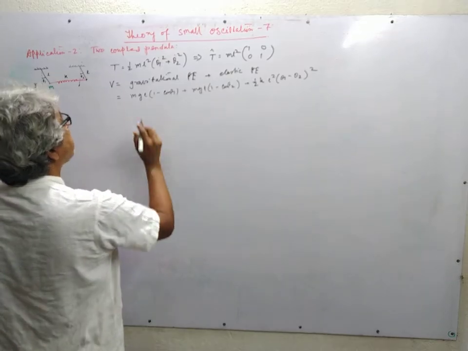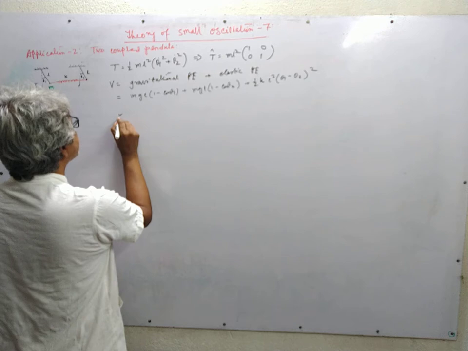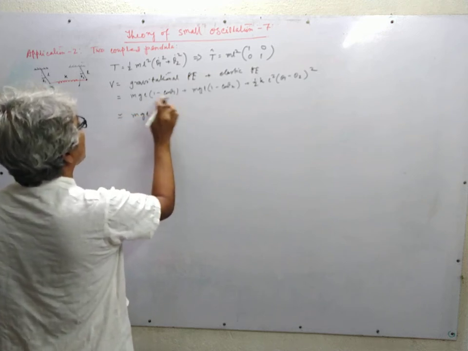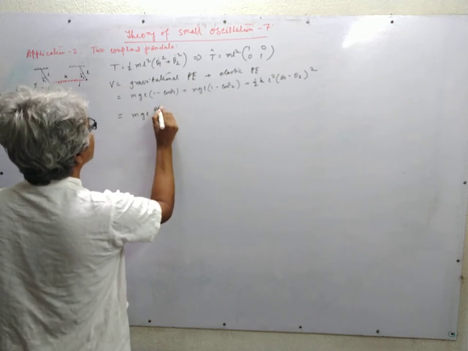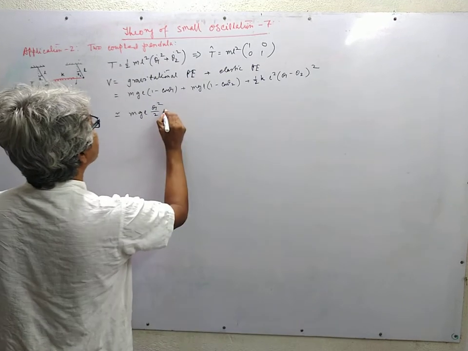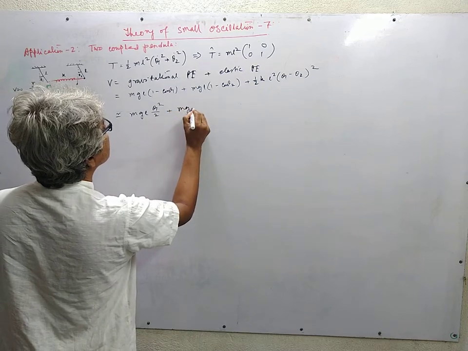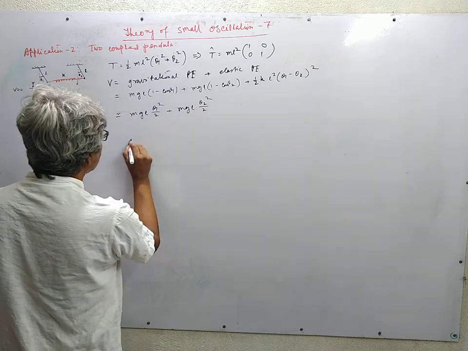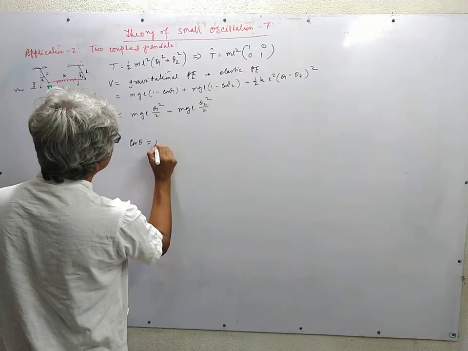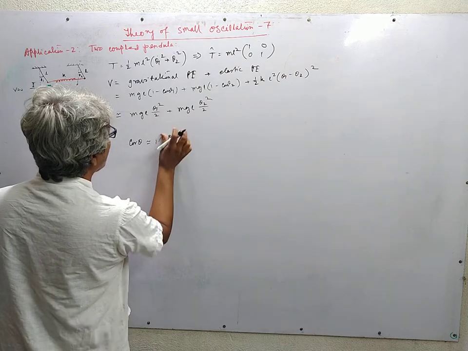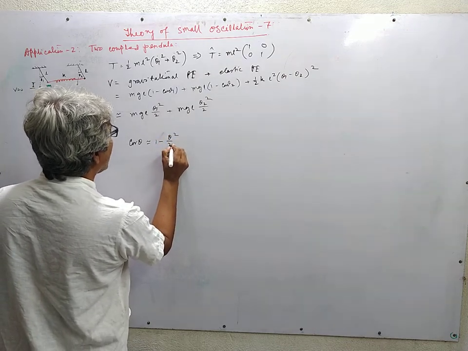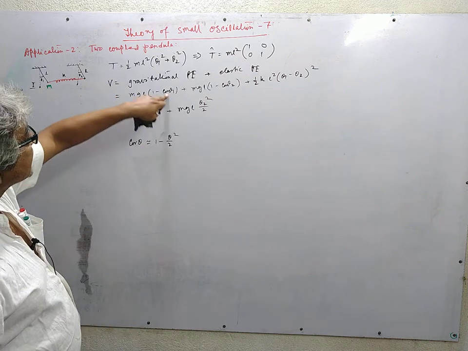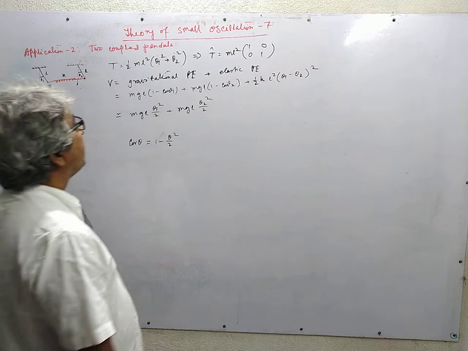If we expand in the limit of small amplitude oscillation, this is m g L, and 1 minus cos θ is θ1 square by 2, and similarly for this m g L θ2 square by 2, where we have expanded cos θ as 1 minus θ square by factorial 2, so this 1 cancels with this 1 and the minus makes it plus.